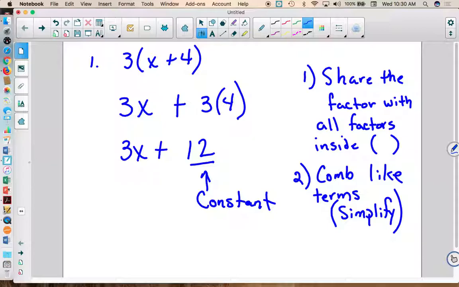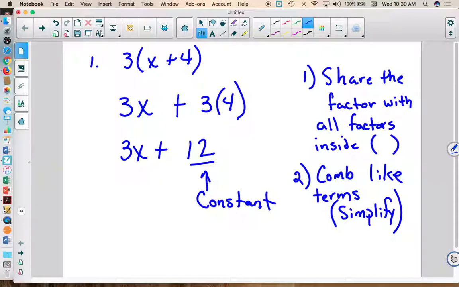Has everybody got a note card now? And then you're going to put the number 1. Share factor with all factors inside parentheses. That's your step 1.